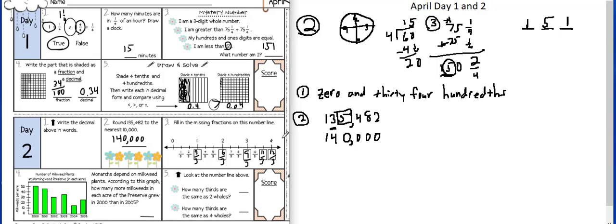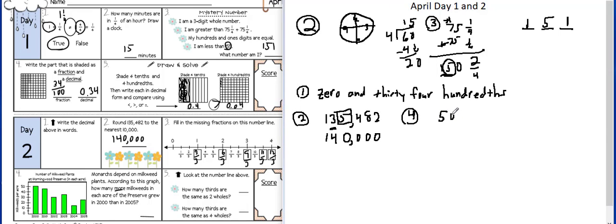All right, number 4. Monarchs depend on milkweed plants according to this graph. How many more milkweeds in each acre of the preserve grew in 2000 and 2005? Okay, so number of milkweed plants at Morningwood Preserve in each acre.